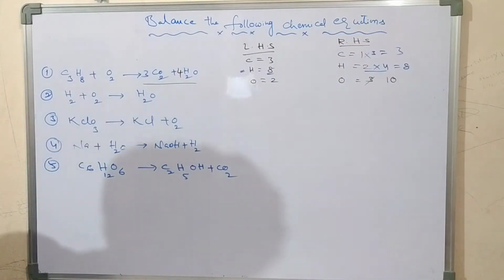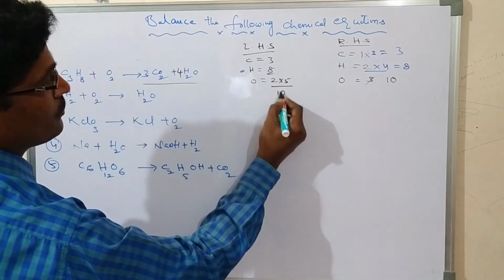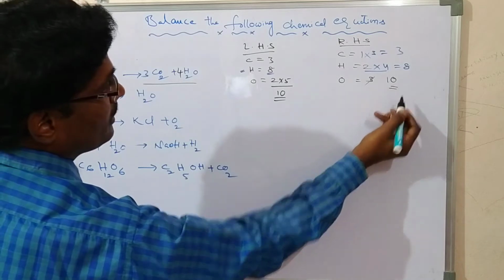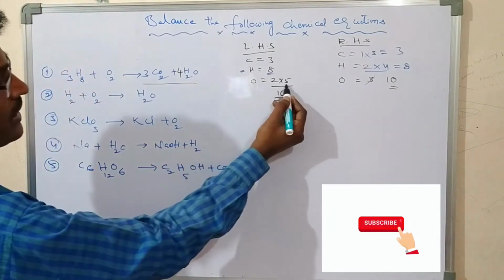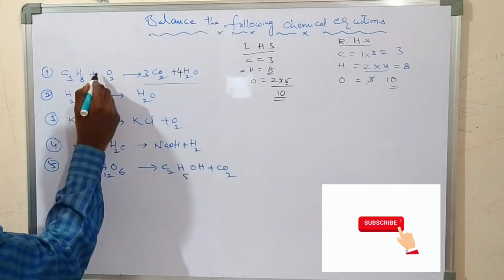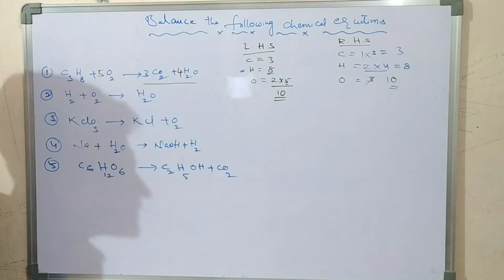Now you have to balance it: here you have to multiply with 5, and you get 10. Here also 10. Is it balanced or not? Yes. Where do you put this 5? You have to put 5 here. This is how we balance the first equation in the short way method.